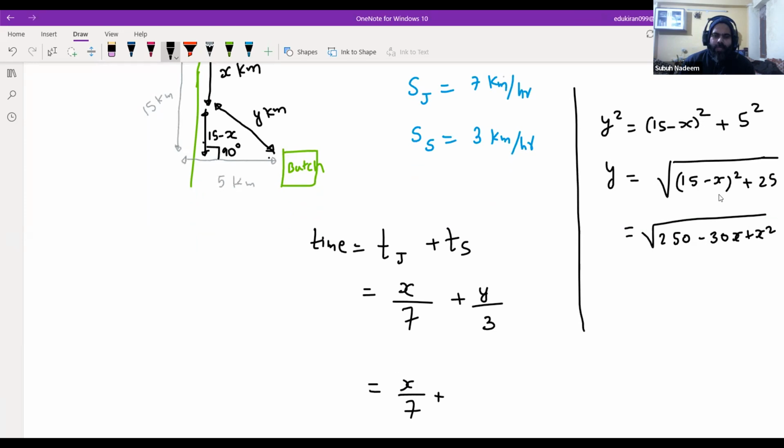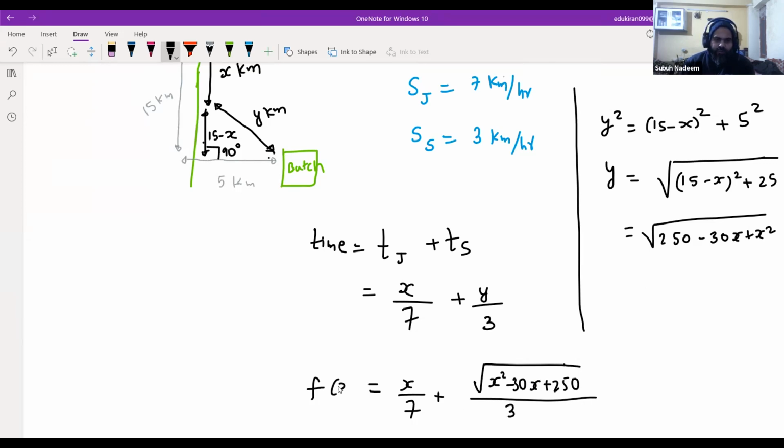Okay, and then minus 2ab plus b square. So y will be the square root of x square minus 30x plus 250. So the time is root over x square minus 30x plus 250, upon 3.